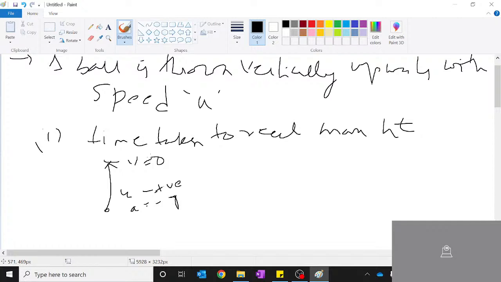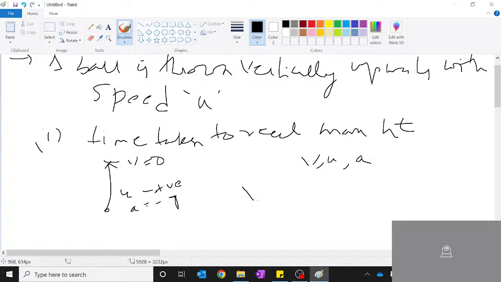So you know the quantities v, u, a. What is the equation connecting v, u, a? You have v = u + at, and v squared minus u squared = 2as. But what are you supposed to find out here? The time.